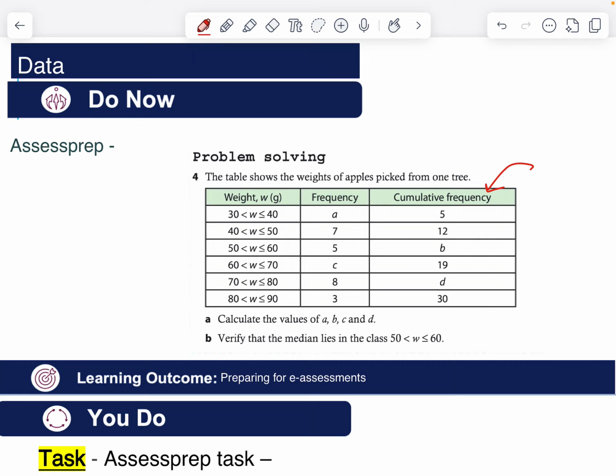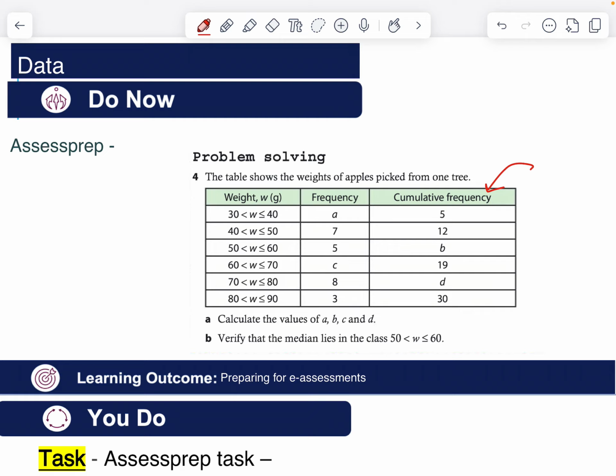So a frequency table is basically just giving you the data of the apples in each weight. So for example, apples that weigh greater than 30 but less than or the same as 40, I'd write that number here. The next one, apples that weigh greater than 40 but less than or the same as 50, there were 7 of them, and so on. So when we're talking about the cumulative frequency, it's talking about all the apples.